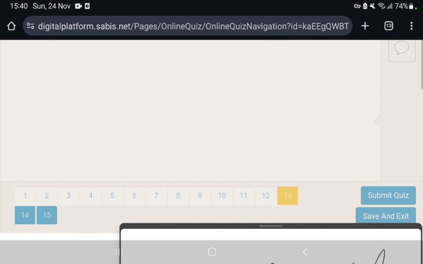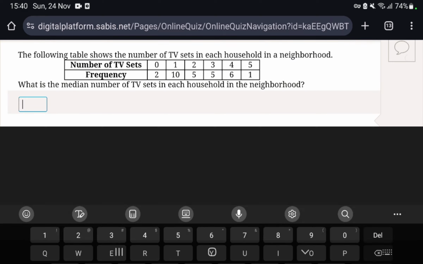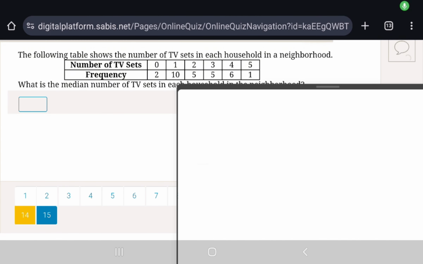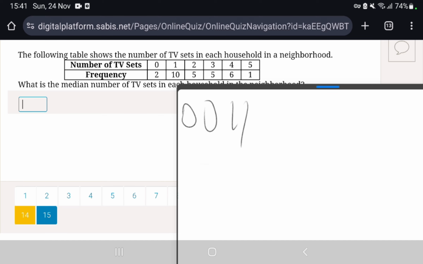Number 14. So then to find the median, in my opinion, we write all the numbers the amount of times of the frequency.